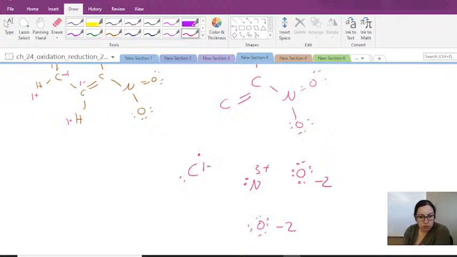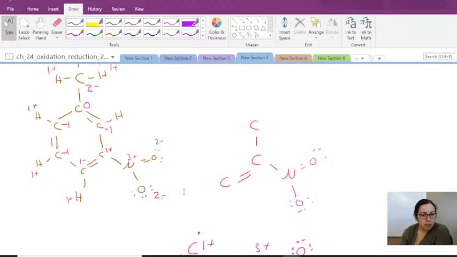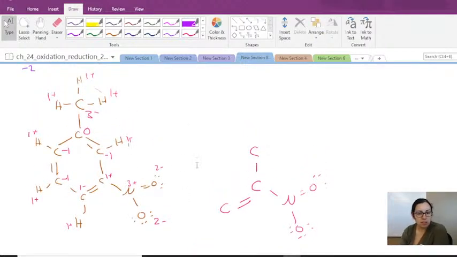So +1. So that was a little tricky there, so I'll write that 1 plus, 3 plus. And then hydrogen, 1 plus. And of course, you can double check yourself, add them all up again, and it should be 0.